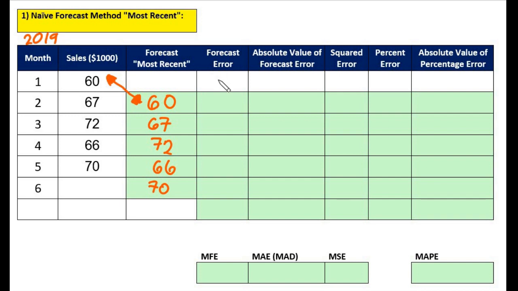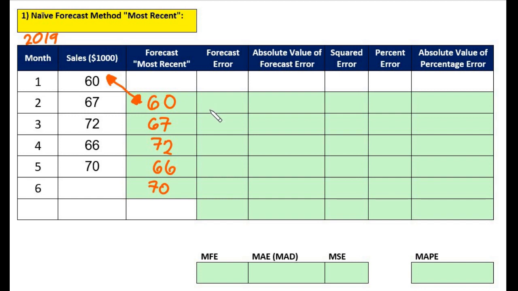Starting from the forecast error, we will be measuring the forecast accuracy. Later on, we will compare the forecast accuracy among the different forecasting methods that we will discuss along the way.